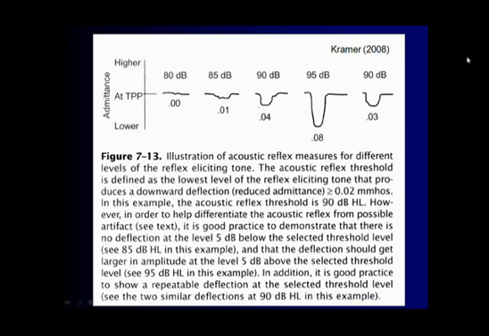When the tympanic membrane is stiffened, then admittance is decreased, and that is inferred from an increase in the probe tone measured in the middle ear.